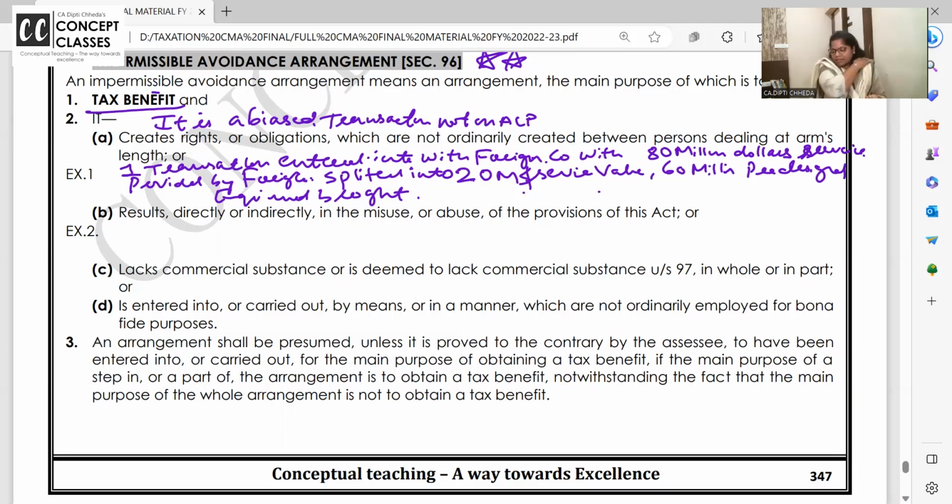And second is it creates rights or obligations or, ये ना सब conditions और हैं. If you want any one of it is done, then आ जाएगा इसमें. Second is it results directly in the misuse or abuse of the provisions of the act.